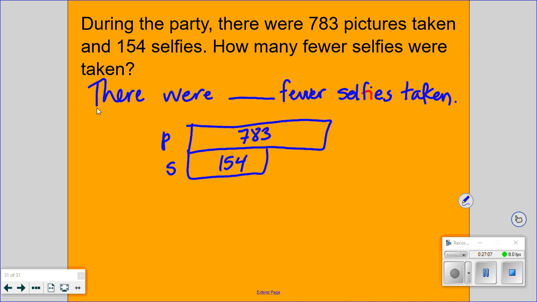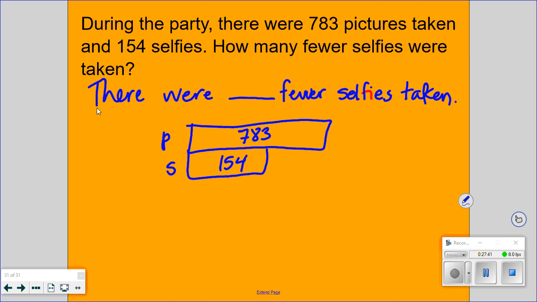Now we need to figure out, okay, where were these pictures and selfies at the exact same number? Avery, what are we looking for? The last line.